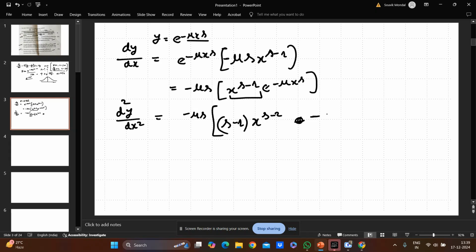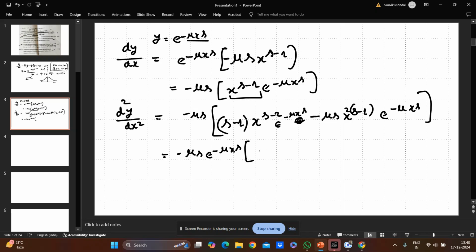So it will again be minus μλ x^(λ−1), and there is already an x^(λ−1) sitting here, so multiply it, and e^(−μx^λ). Yes, there is also an e^(−μx^λ); I forgot to write this. So minus μλ e^(−μx^λ).